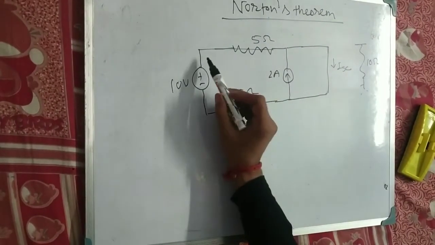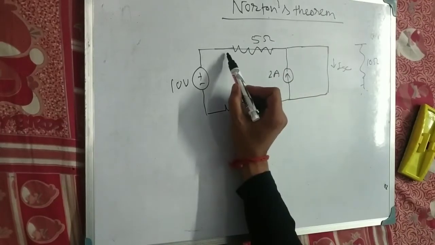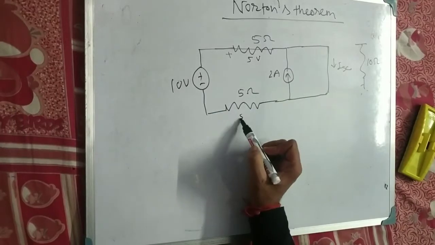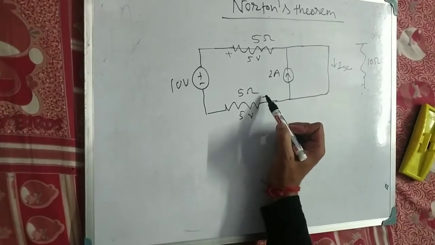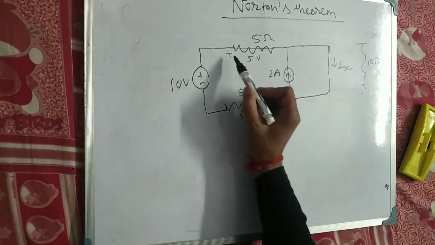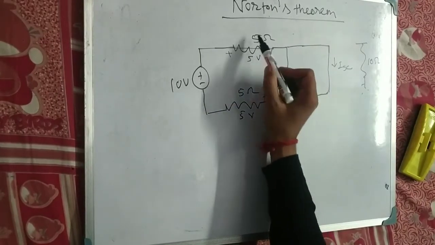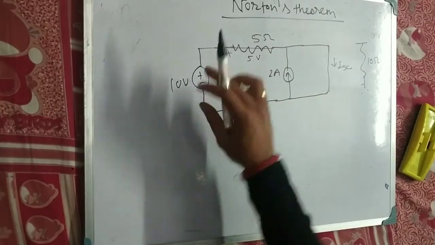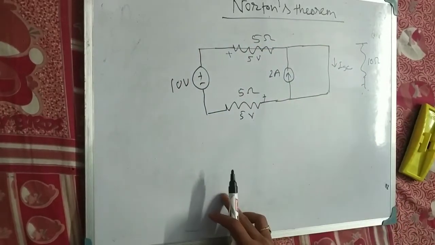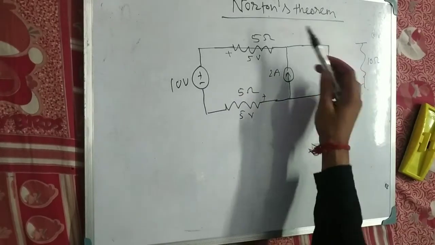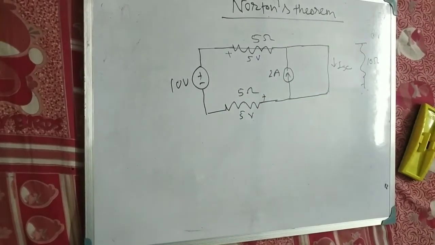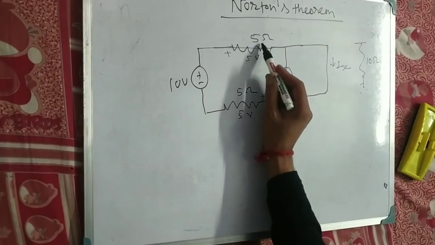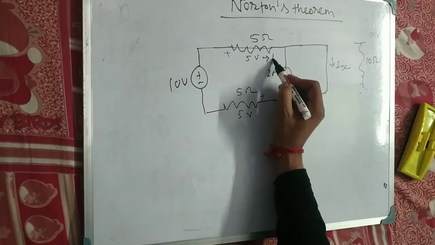To validate KVL, the voltage drop across the resistance must be 5 volt, so the current through this terminal will be 5 by 5 because KVL is valid in this loop. Here 5 volt, here 5 volt, and the 10 volt, so KVL is valid. The voltage drop across the 5 ohm is 5 volt, so the current will be 1 ampere.